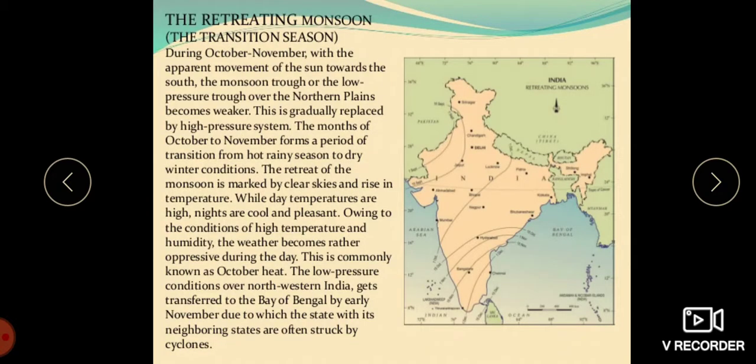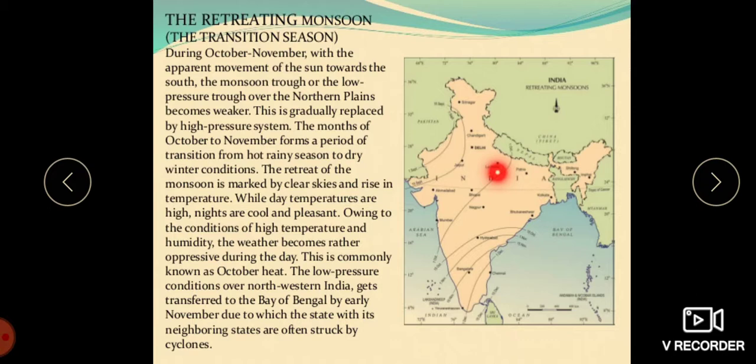During October, November it occurs with the apparent movement of the sun towards the south. You can see here, children, the monsoon through the low pressure through the northern plains becomes weaker. This is gradually replaced by high pressure.